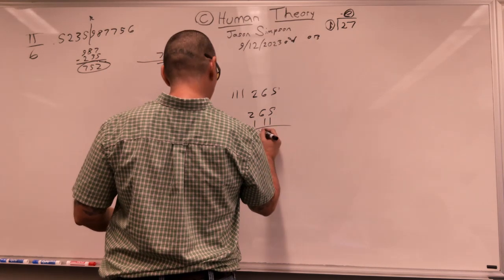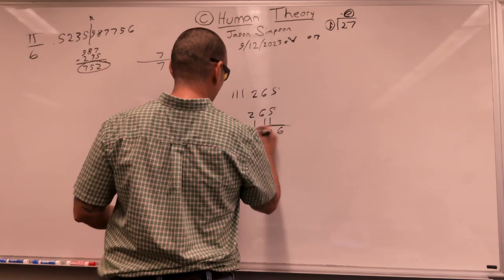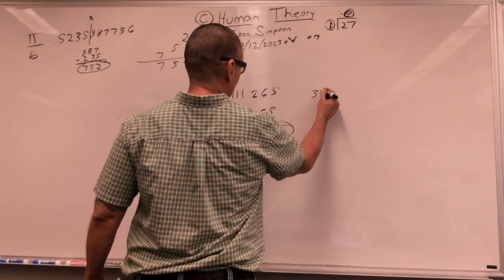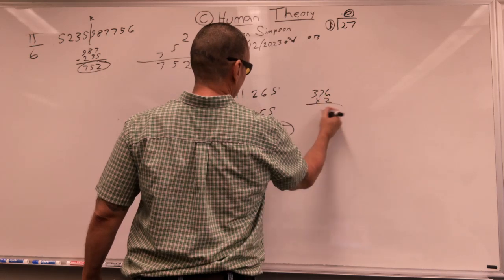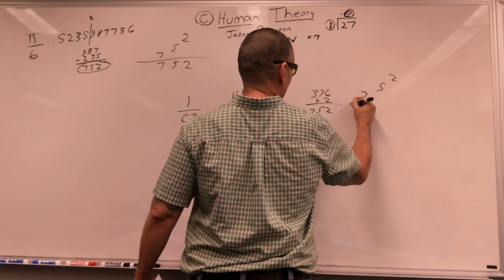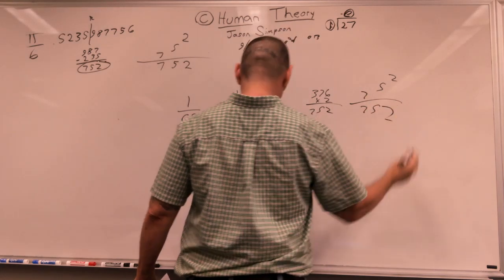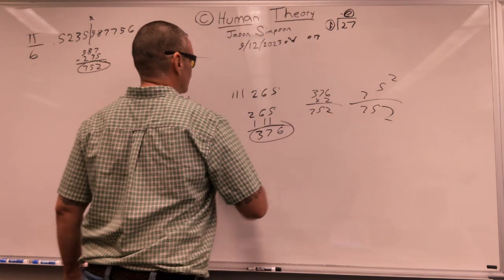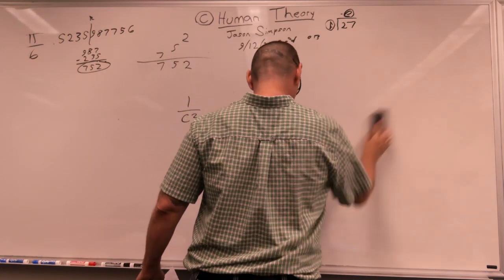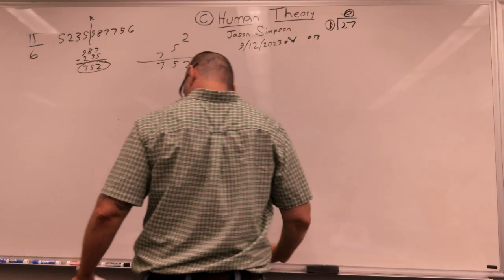I'm just doing this to show you a point. 376. What's 376? That's our 257. And that is your equation for mass.